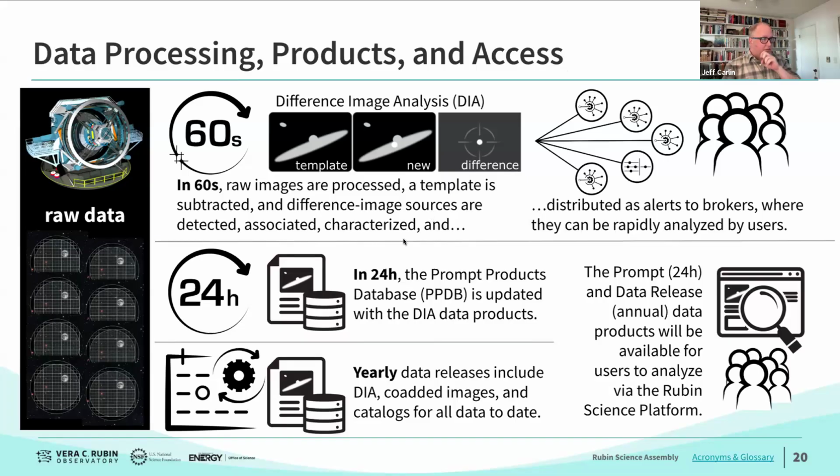After a night's observing, within 24 hours, we do a more detailed processing of the same difference imaging pipeline and the prompt products pipeline. And within 24 hours, we populate the prompt products database with those data products.